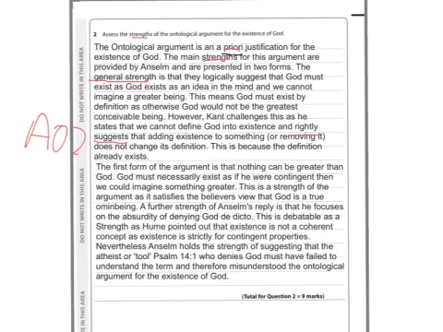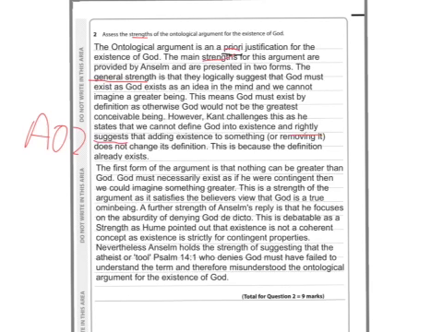God must necessarily exist, as if he were contingent, then we could imagine something greater. This is a strength. This is the important part of the wording that I want you to use. This is the strength of the argument as, and then it's normally very simple when you're finding the strength. It's normally the essence of what it is in itself. So you could say something like, as it satisfies the believer's view that God is a true omni-being.